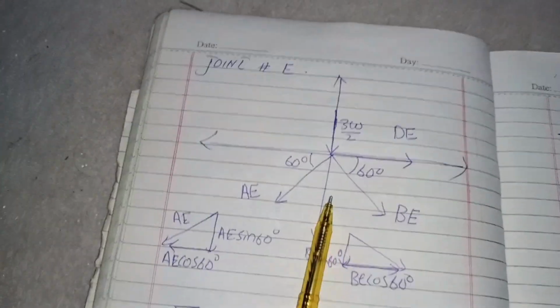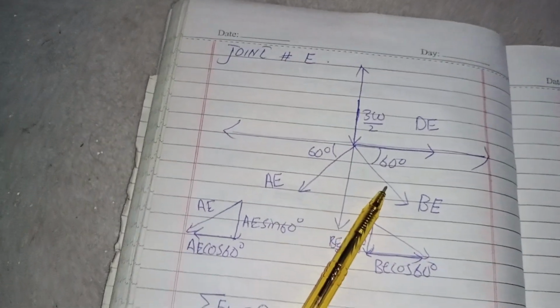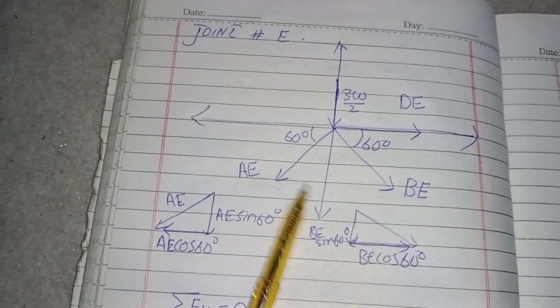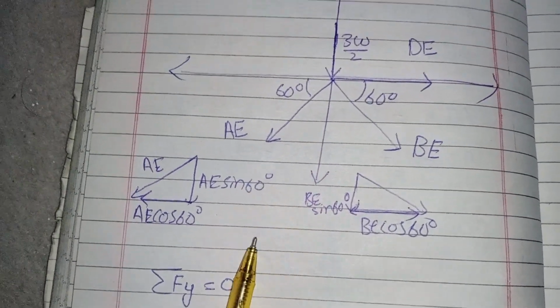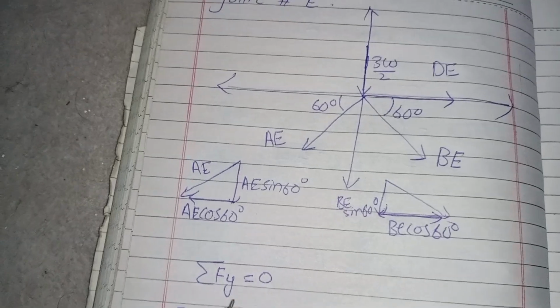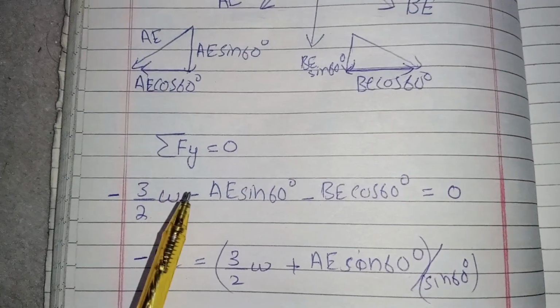So now I take joint E to find the forces in the remaining members. First of all I resolve it into its components, and then I assume that all these forces are in tension. Okay, so now I take the equilibrium equation, summation of all vertical forces equal to 0.